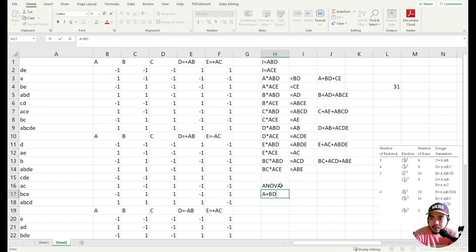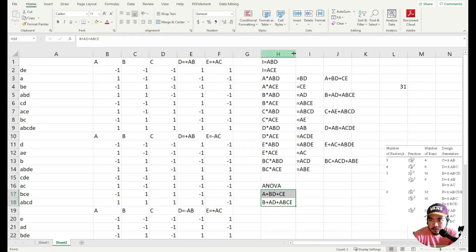A plus BD plus CE. Tapos B plus AD plus ABCE. Although para ano, kasi again, ang assumption dito is yung sparsity of effects principle, pwede nyo siyang i-ano na lang. Nakaganyan siya. So you're looking at factor A confounded with the BD and the CE interaction.